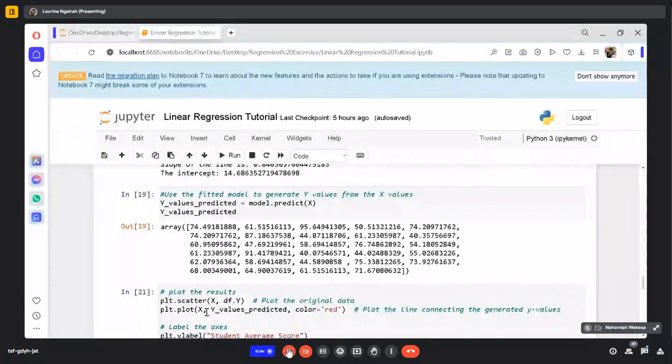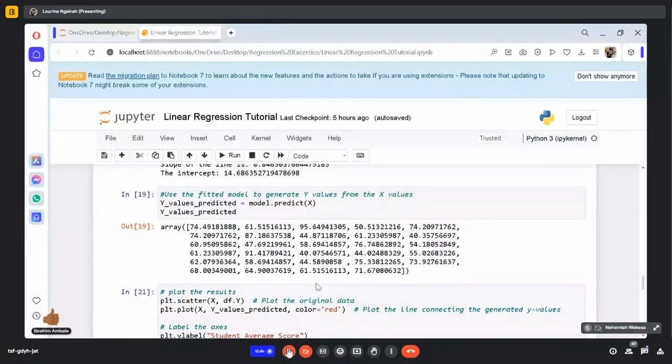But the point I'm trying to make, from the plot you have done it at x and the y value you are predicting. So what the model has done is fit some values, which you have called y predicted, which will provide the least error. The distance between the line and the blue points is always less.